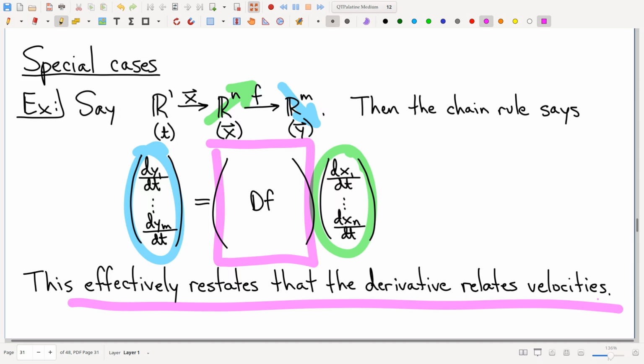So the distinction we have to make is that what I'm doing here, this is a derivative, right? But I'm not taking a derivative of this velocity. I'm taking the derivative of f. And what derivatives do is they turn input velocities into output velocities. Yeah, so this is a derivative. And then you're right. True.